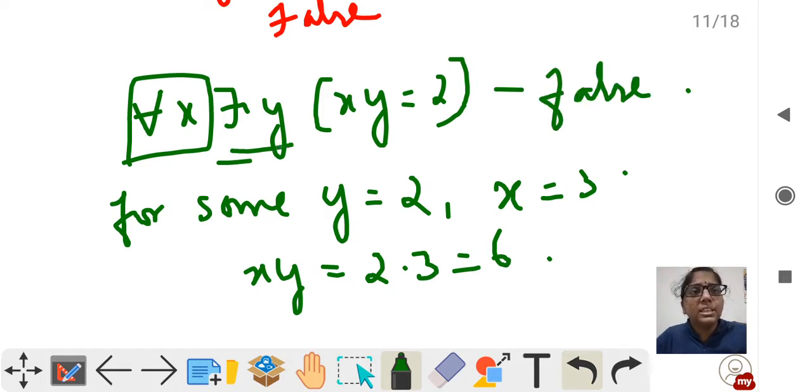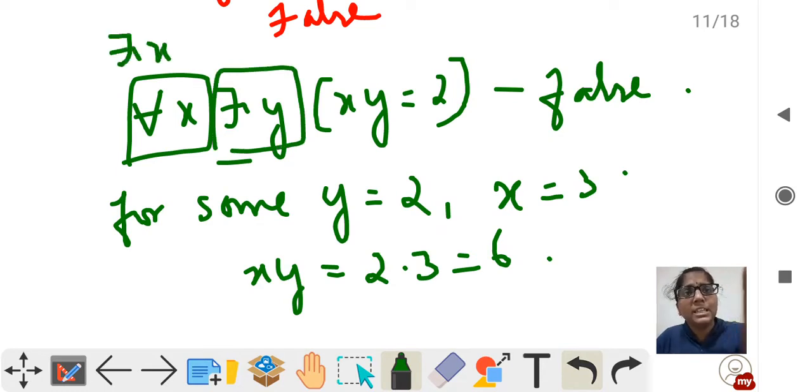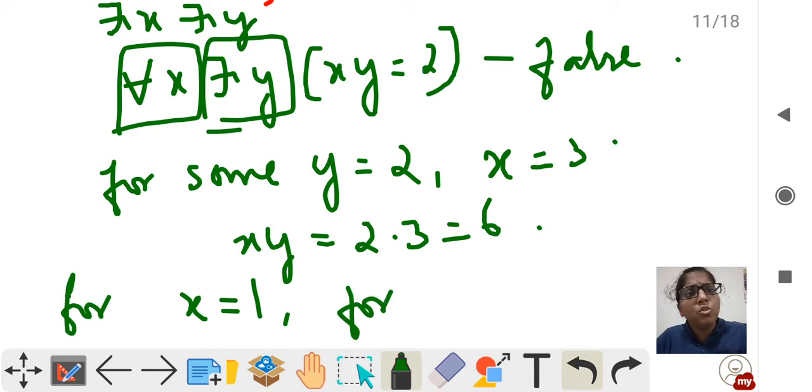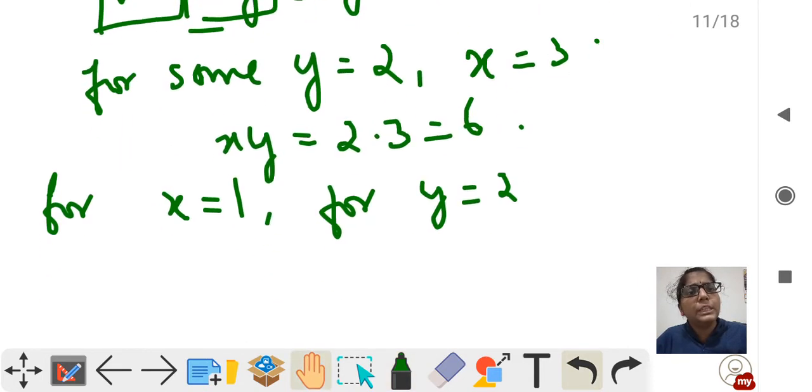Okay, what if the statement is there exists x, there exists y? In this case, it is a true statement. Why? Because we can take for some x is equal to 1, and for some y is equal to 2, xy is equal to x into y, which becomes 1 into 2.